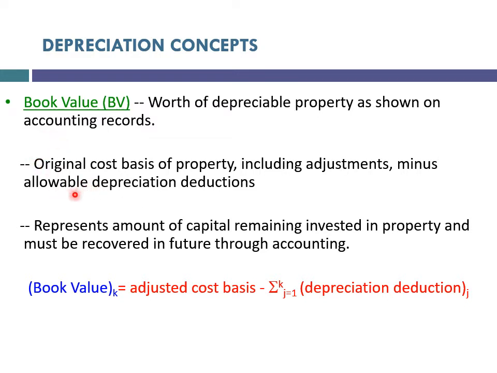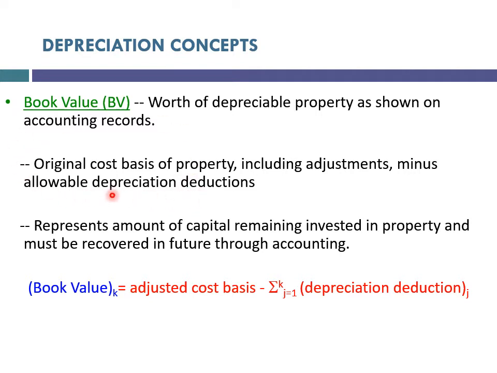So a book value needs to be calculated each year for each asset. It includes the original cost basis of the property, including any adjustments, minus all allowable depreciation deductions for each year.